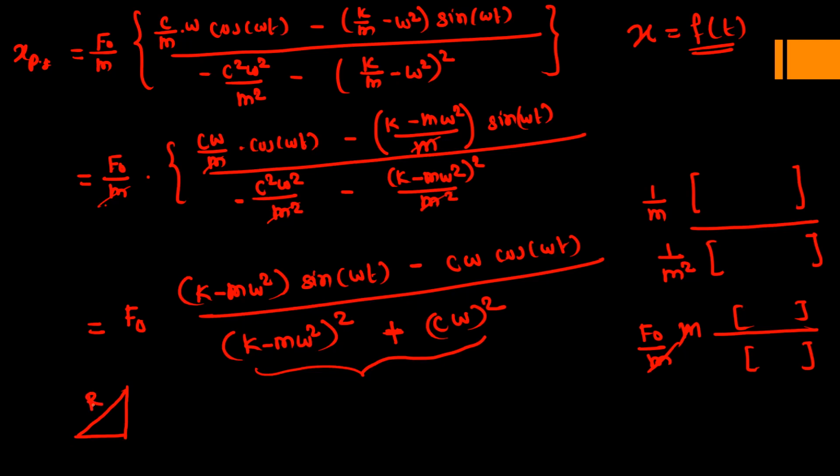Assume this as a resultant R. This angle is phi, and this side, the adjacent side, is K minus M omega square, and the opposite side is C omega. Okay. So now we will replace these values in this equation.